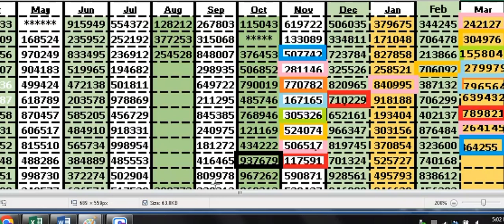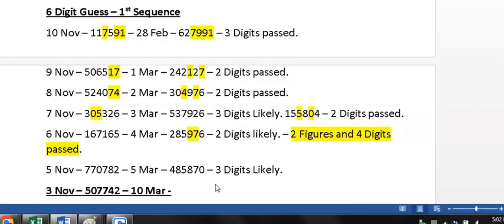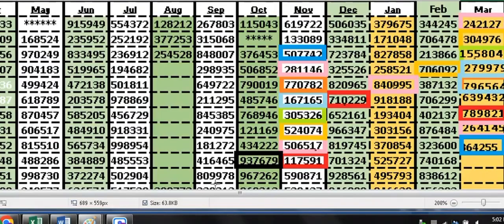We had 4255 that has come today. It is on the 9th of March. So we'll directly go ahead and pick up the sequence for the 10th of March that we'd like to focus and play tomorrow. Sorry.